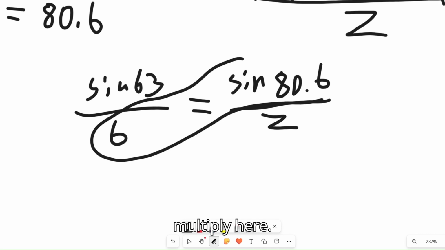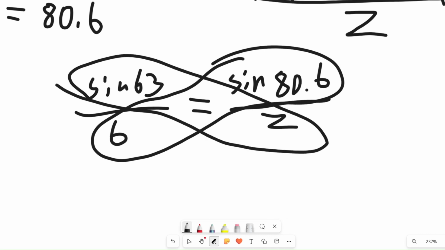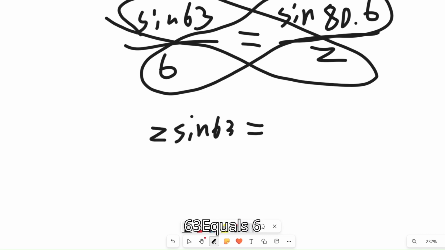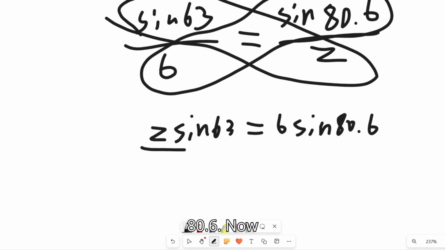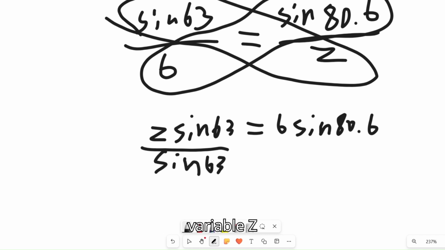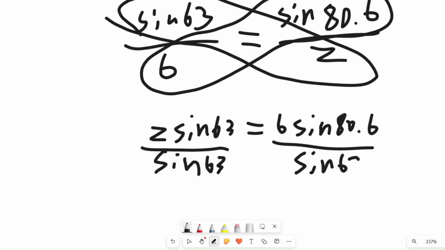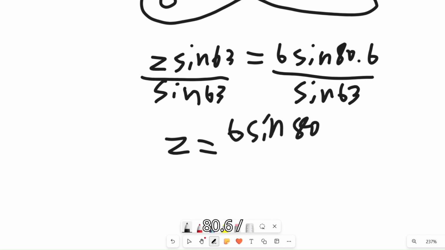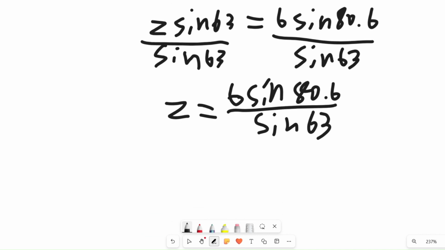So we cross multiply here. z sine of 63 equals 6 sine of 80.6. Now we're going to isolate the variable z, so that z equals 6 sine of 80.6 over sine of 63.